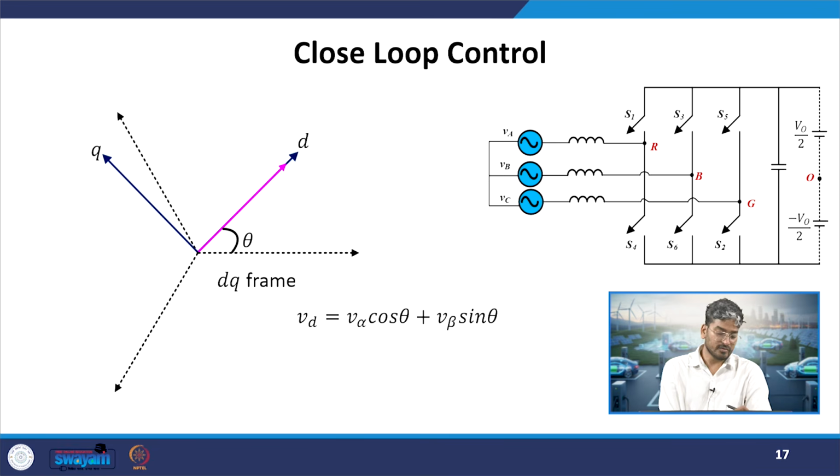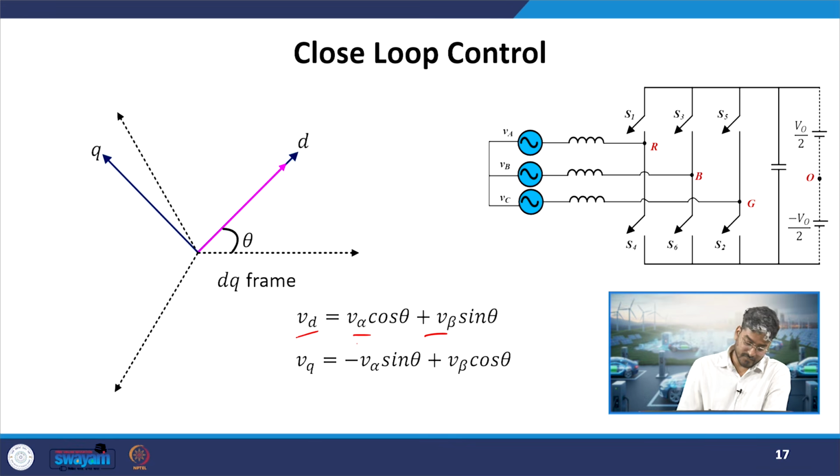So how do we shift from the alpha beta frame to the DQ frame? This is what is given over here. By following this relation, we can map our alpha beta frame values into DQ frame, or rotating frame values. So VQ will be given by minus V alpha sin theta plus V beta cos theta. How has this been derived?